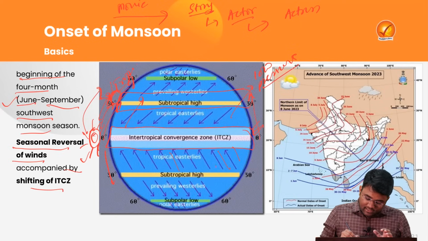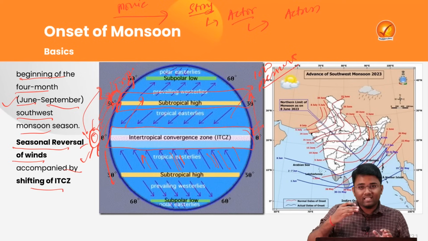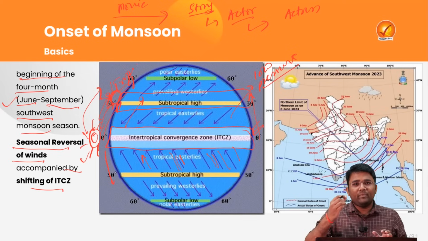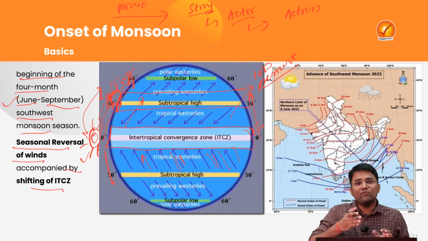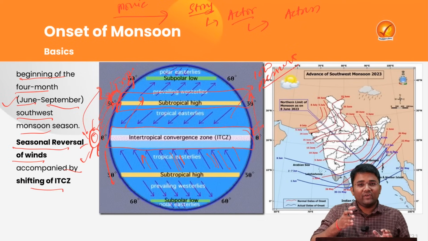Now these easterlies which are there, they also cross the equator, and when they are crossing the equator, there is a basic concept that in the northern hemisphere, the winds move towards the right of their propagation, or we can say due to the effect of the Coriolis force in the northern hemisphere, the winds deflect rightwards.